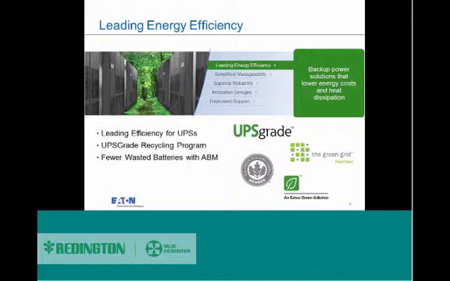The other memberships that they have are the Green Grid member and the UPS Grade. As you can see here, Eaton has over the years been part of these energy efficient UPS Grade members as well.